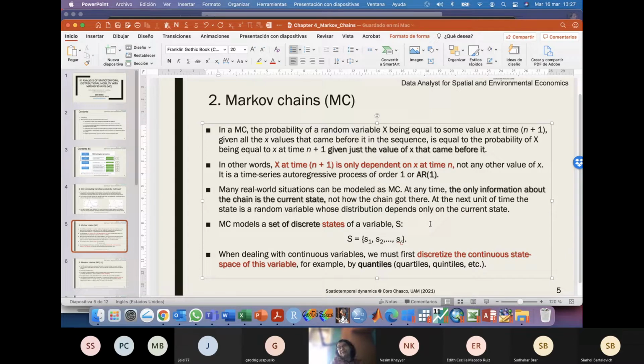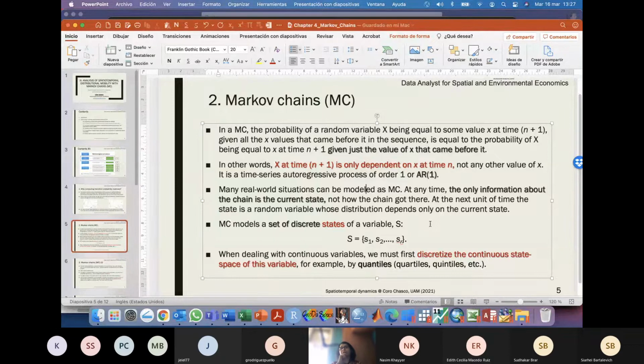Because if we take into account the CO2, if I am in the first class, it's low values, okay? So the way it is going to evolve in the future will depend on the situation now. This is what we are saying.